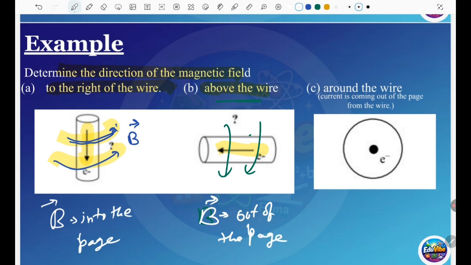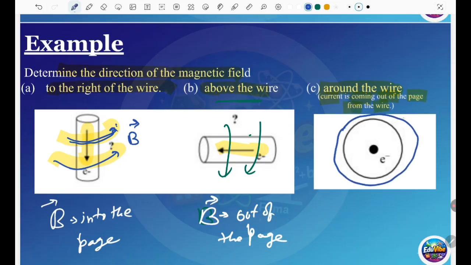That's the thing. For the last one, around the wire, current is coming out of the page from the wire. So what you see is that this is a circle with a dot over there, and they give the hint that current is coming out of the page from the wire. So current goes out of the page, so they do something like this. They coil like this over there.